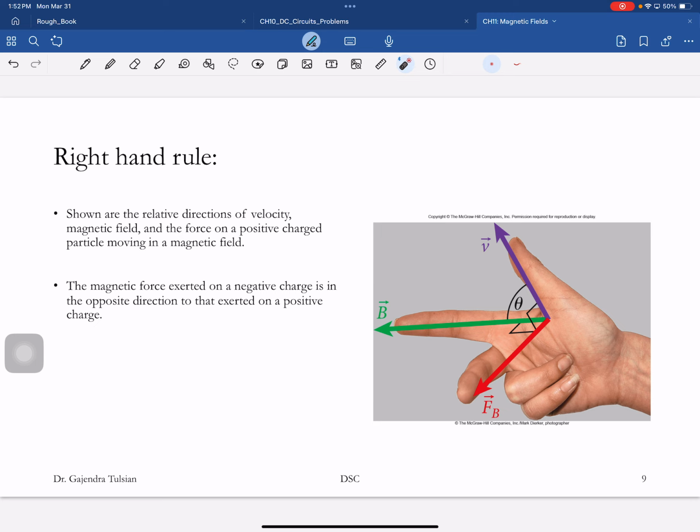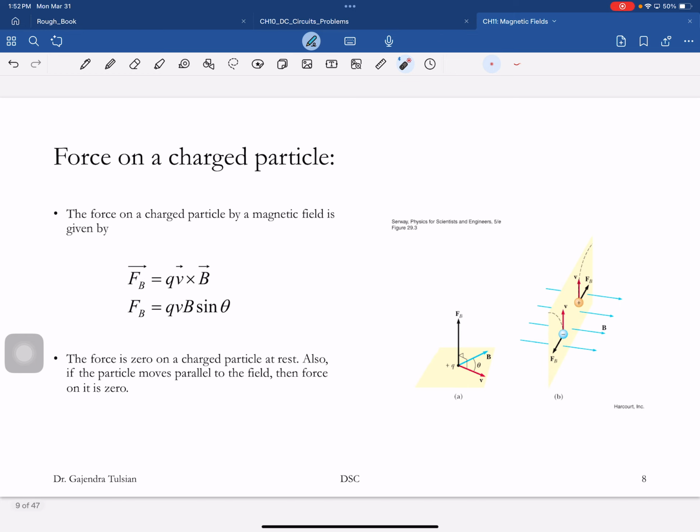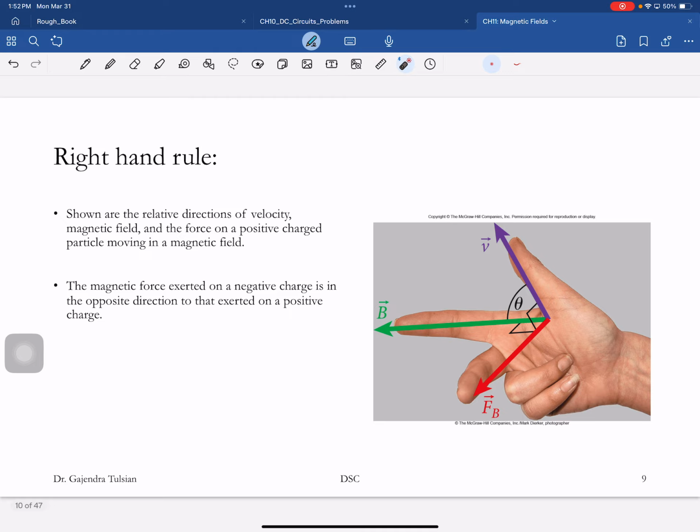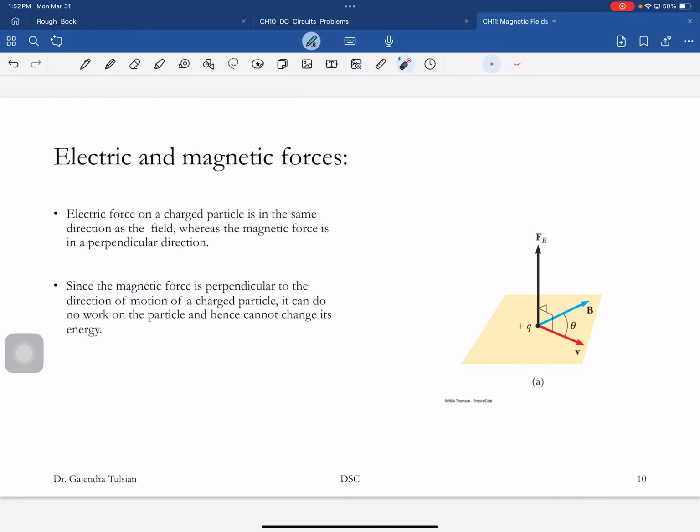Figure out the direction of the force as if it was a positive charged particle, and then if it's a negative charged particle, the force is in the opposite direction. Electric force on a charged particle is in the same direction as the field, whereas the magnetic force is in a perpendicular direction.